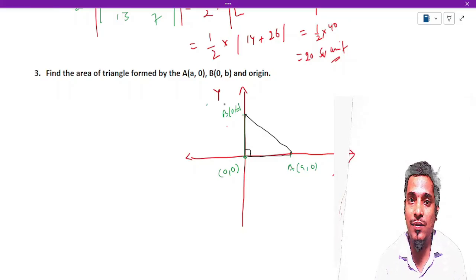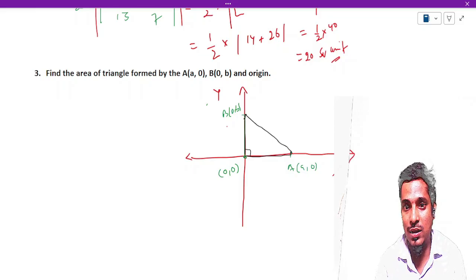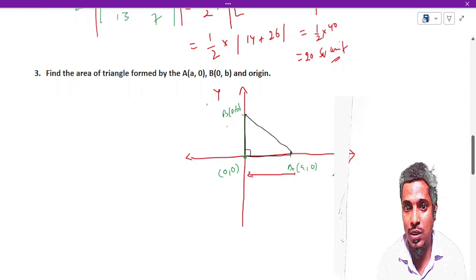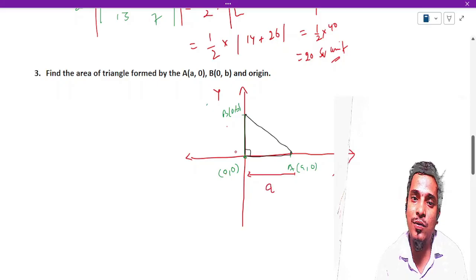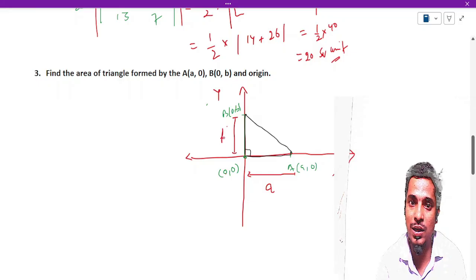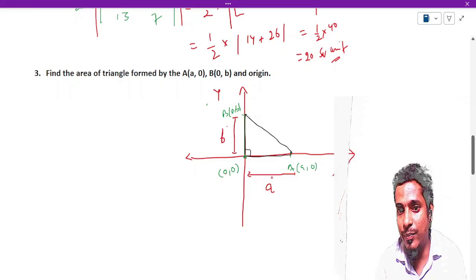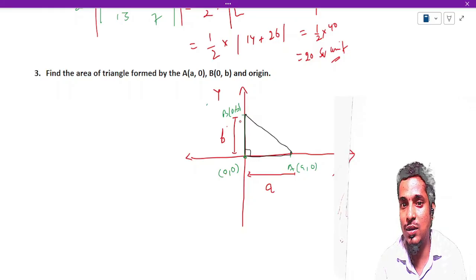If we move from here to here, there is no change in the y coordinate, only a change in x coordinate from 0 to a, which means this length is a. Likewise, from here to here, there is no change in x coordinate, only a change in y coordinate, b. So this is the length of the base, and this is the length of the height.